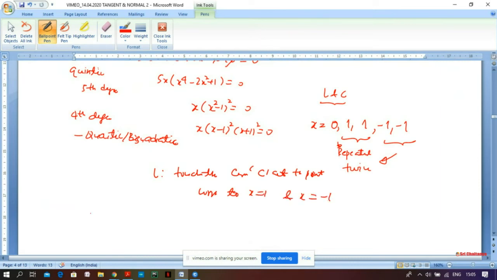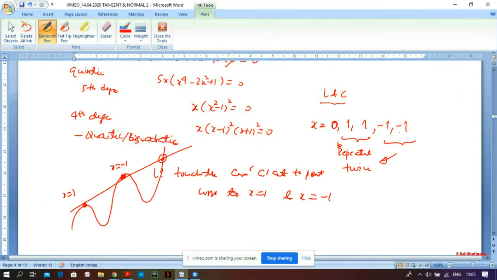It means that it must have been something like this, that here it is tangent corresponding to x equal to 1, x equal to negative 1, and then here it is just normal. So it means at 2 points it is tangent, at 1 point normal. Basically you get 5 points, but these 5 are not all distinct.